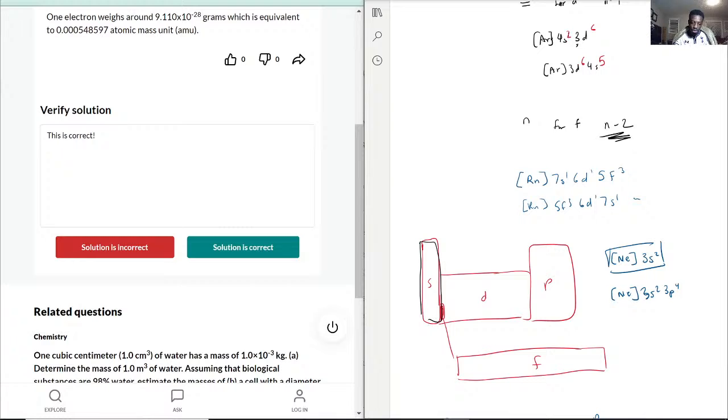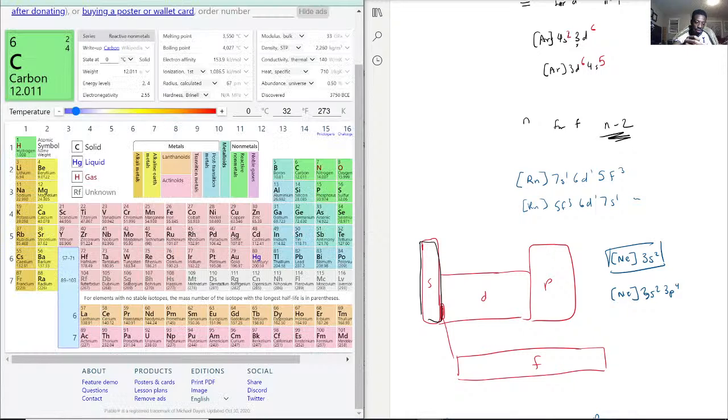is the first 2 columns of the periodic table, okay? The alkali and alkaline earth metals, all right? And the only exception to that, as in the only addition to that, is helium.